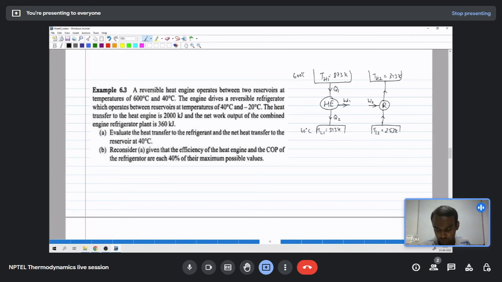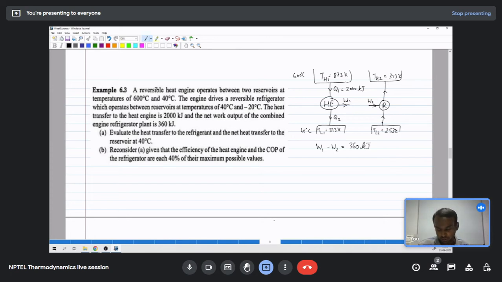The heat transfer to the heat engine is 2000 kilojoules, so that is Q1 is 2000 kilojoules, and the net work output of the combined engine refrigerator plant is 360 kilojoules. So that means W1 minus W2 is 360 kilojoules.